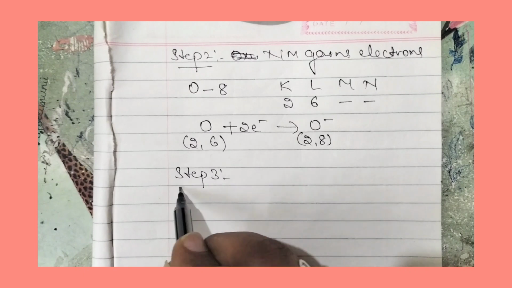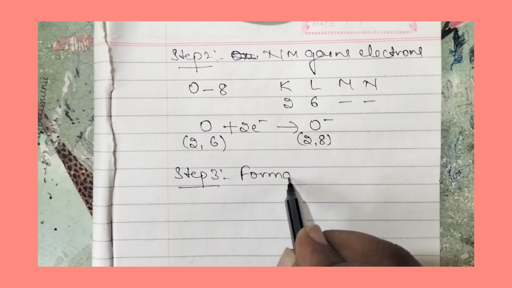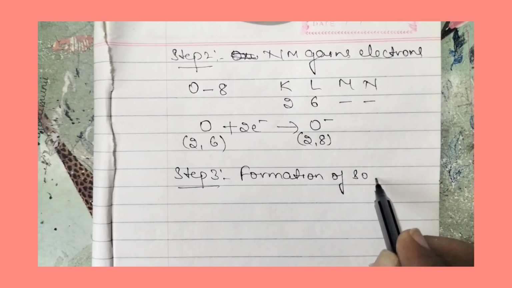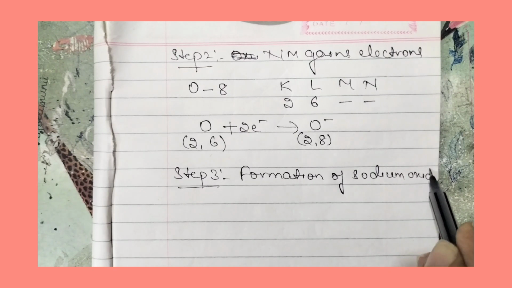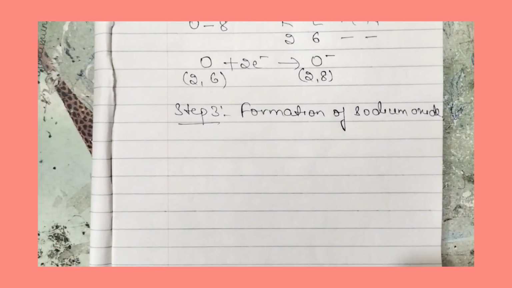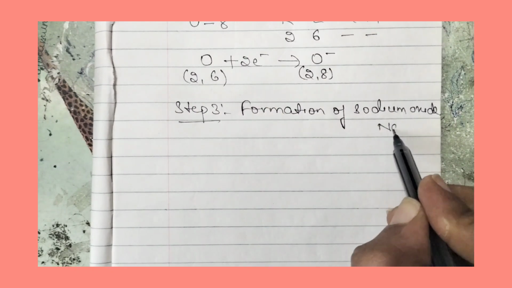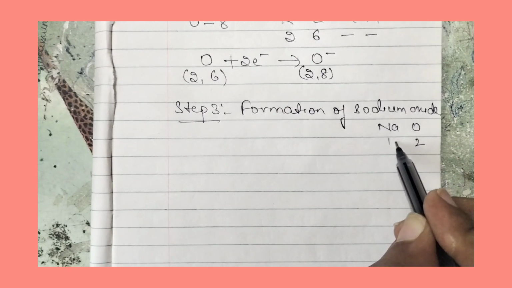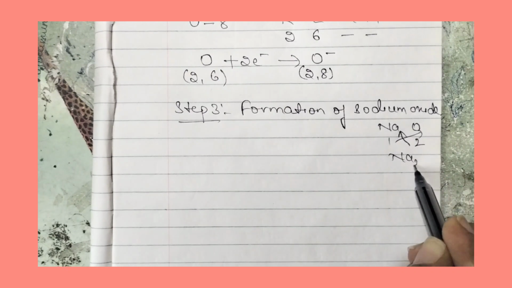Now step number 3, that is formation of sodium oxide. The valency of sodium is 1, oxygen is 2. If you crisscross it, you will get Na2O.